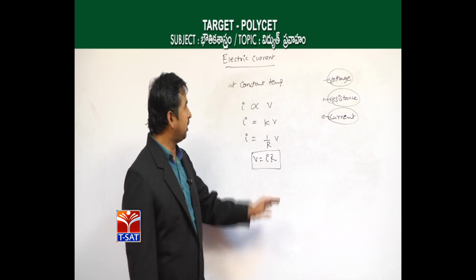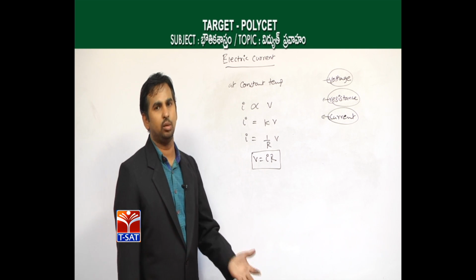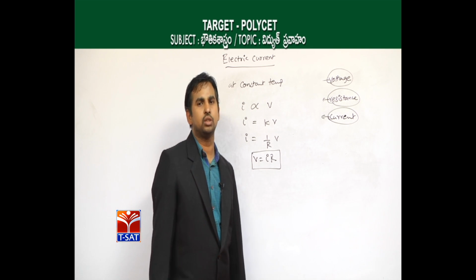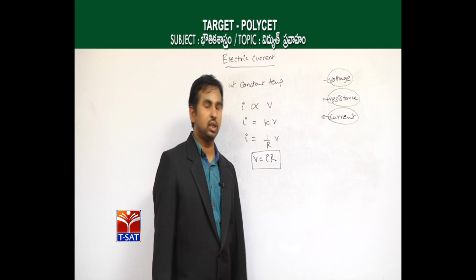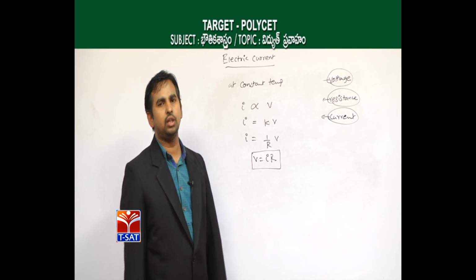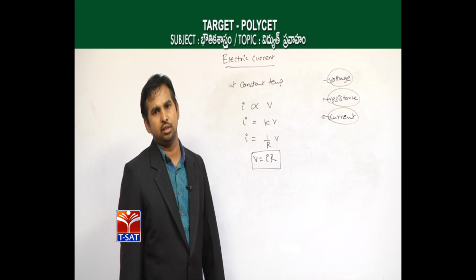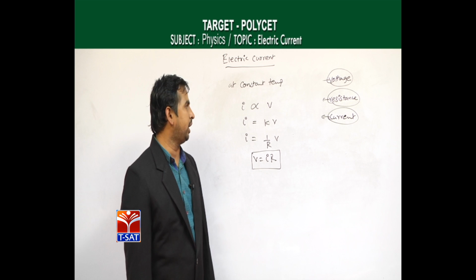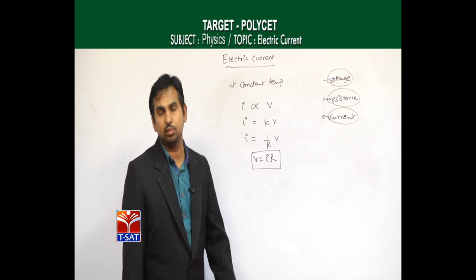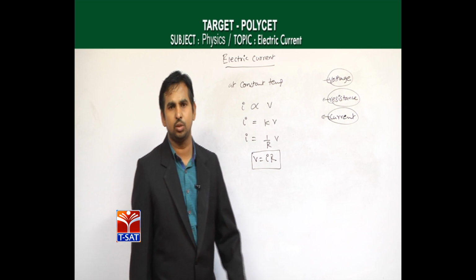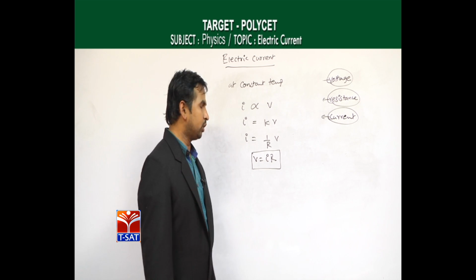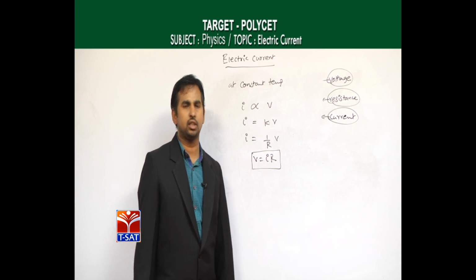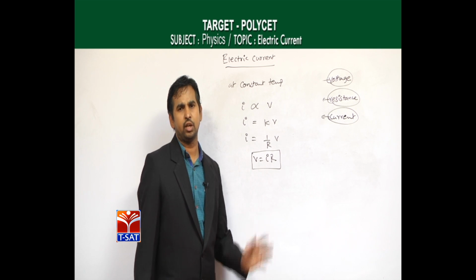Now, many questions are asked about its limitations. One important limitation is that Ohm's law is maintained only at a constant temperature. Another important one is that Ohm's law is valid only for metallic conductors, where I is directly proportional to V. But for semiconductor devices, like the chips in our computer systems, such as germanium or silicon, we cannot apply Ohm's law.